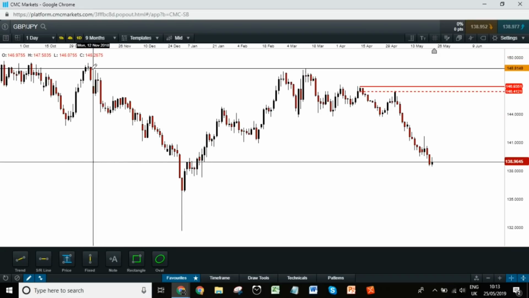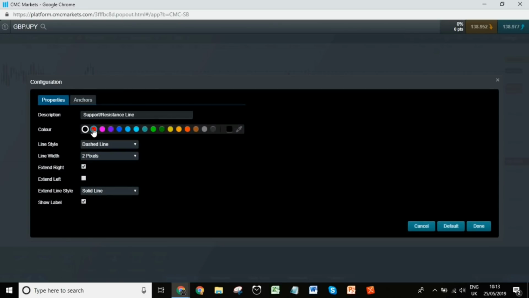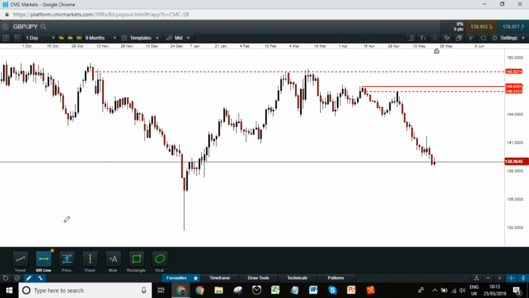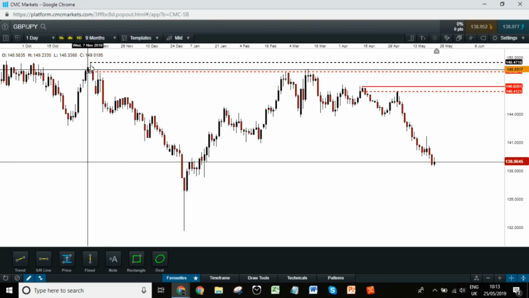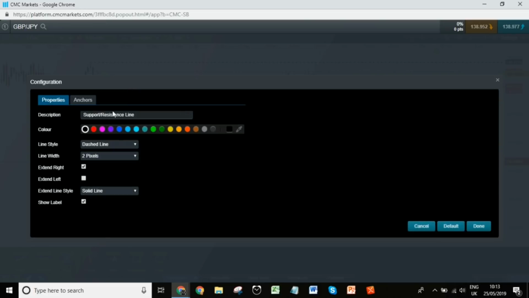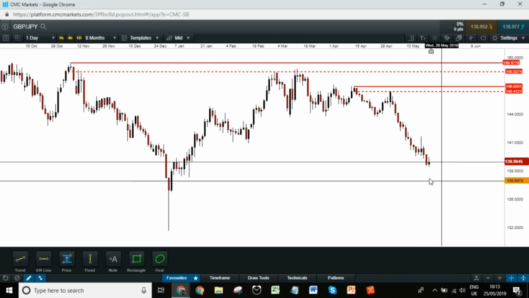So boom, we've got this here. Let's make that red. We've got this up here. Make that solid. All right, now let's have a look at where we are.